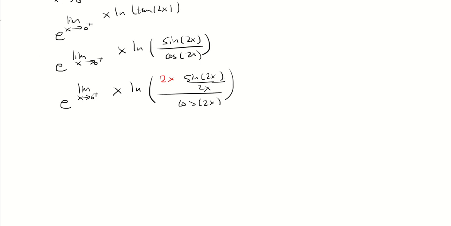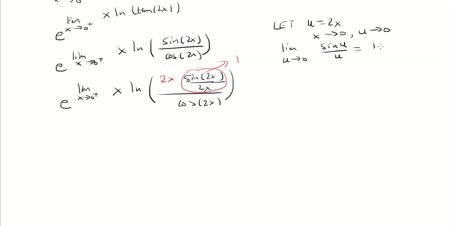Okay, now this is going to go to 1. The reason is because I can rewrite this as, well, if I let u equal 2x, then as x approaches 0, u will also approach 0. So the limit as u approaches 0 of sine u over u, which we know is just 1.